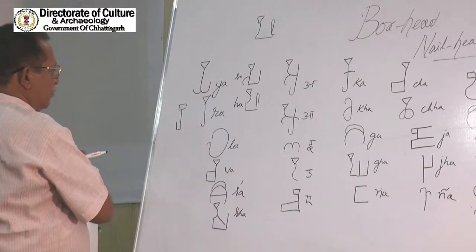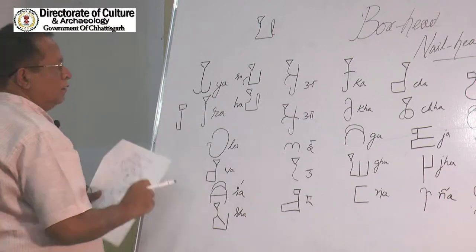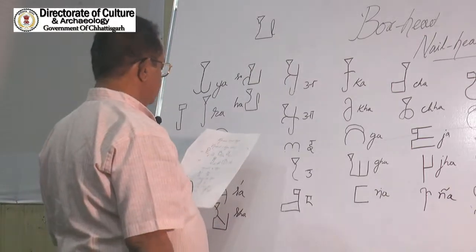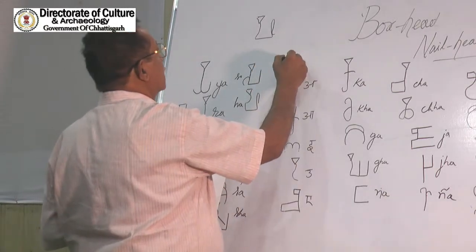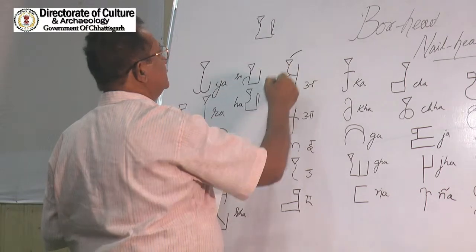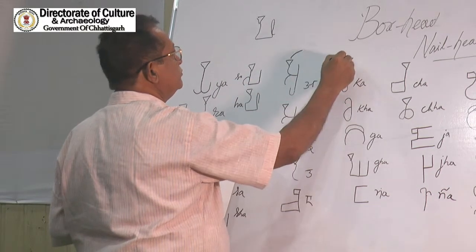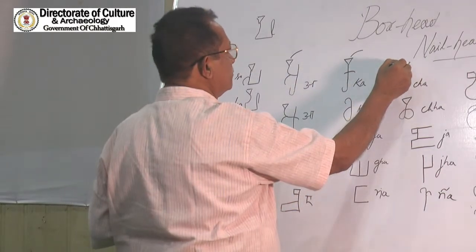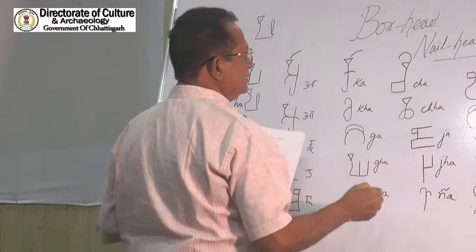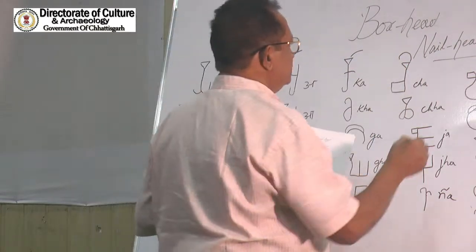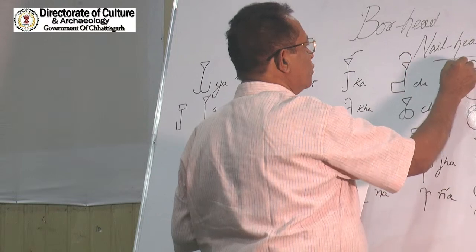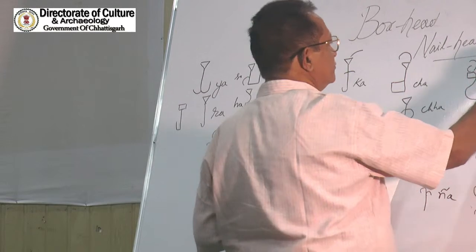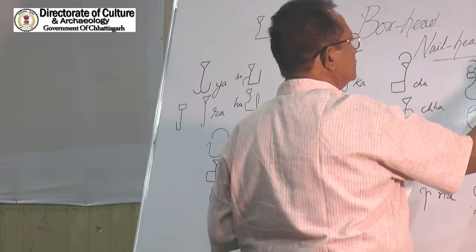So the vowel forms are almost the same, just either attaching a stroke like this, and the E sign, for example, is like this, and E, one stroke, another stroke like this, Ai.